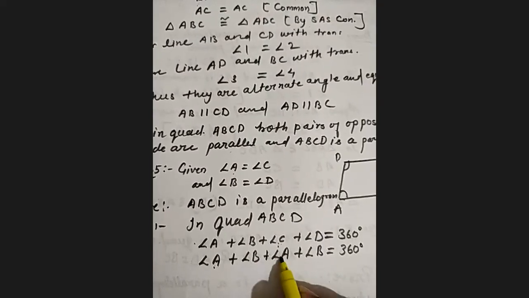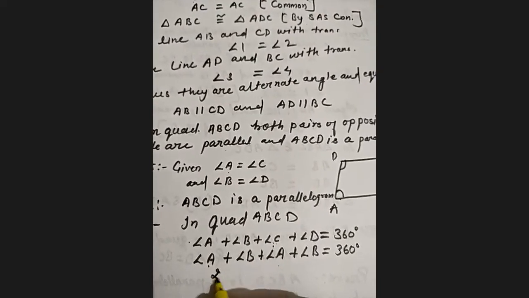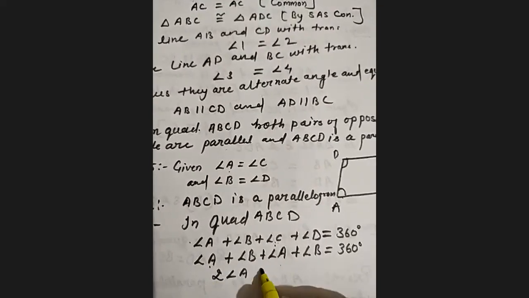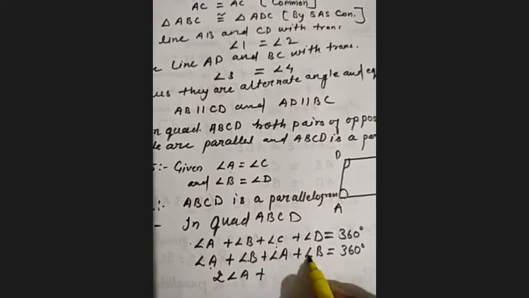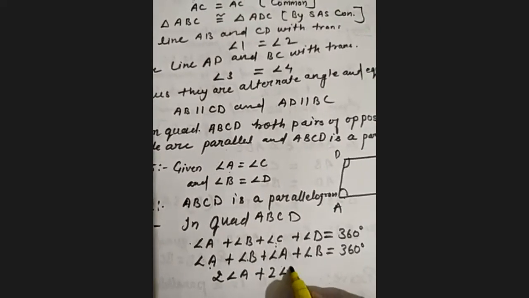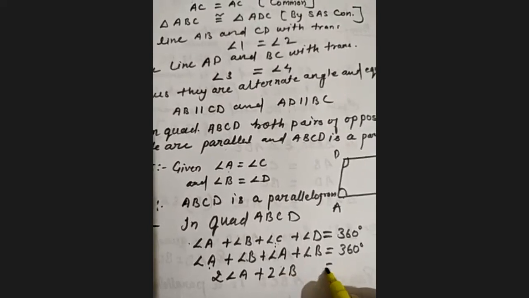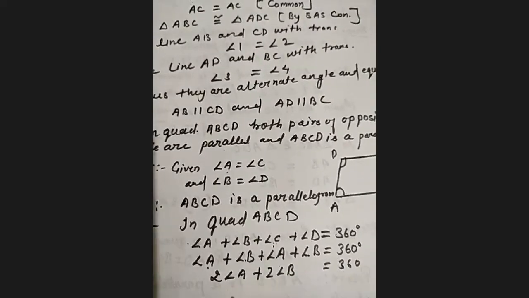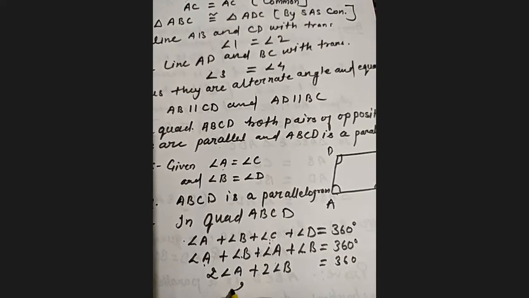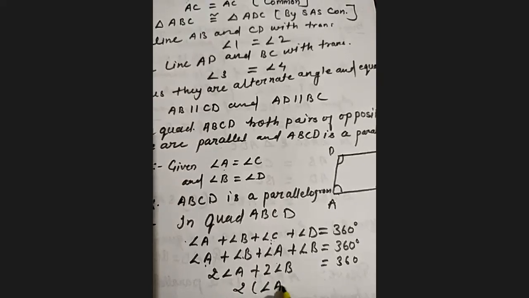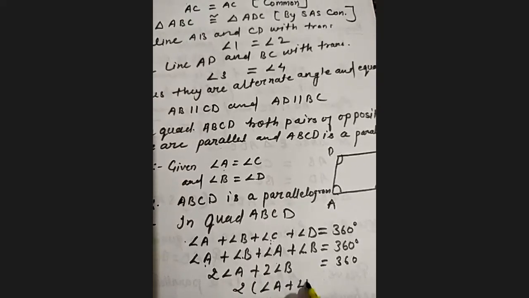Okay. ठीक है. So here we see that 2A angle. So here you write 2A angle, then plus here already 2B angle, then 360. Okay. So 2 here you take common, angle A plus angle B inside the bracket, and 360.